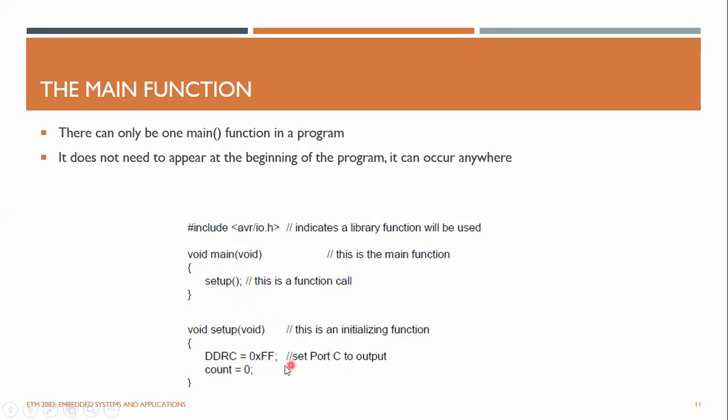What it does is DDRC, the port C of the microcontroller, has all outputs. This port will become output because 0xFF means 255, which means all ones. And you can initialize some variables, like a counter variable that is initially 0.